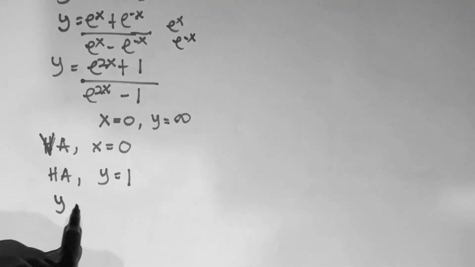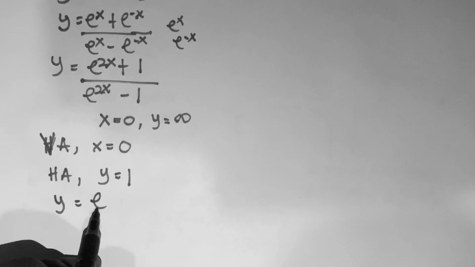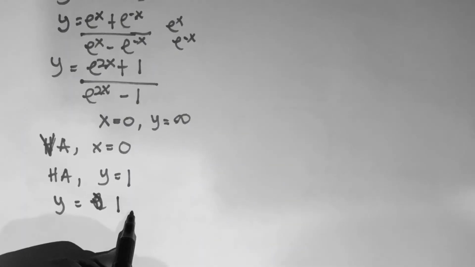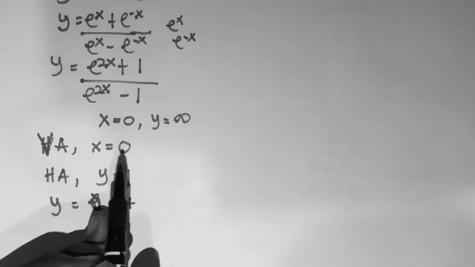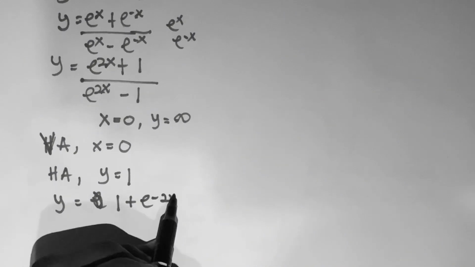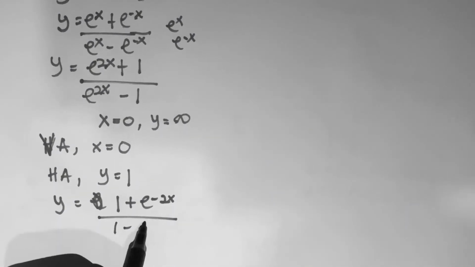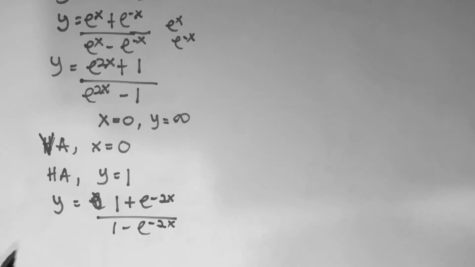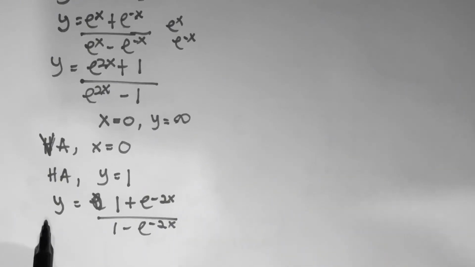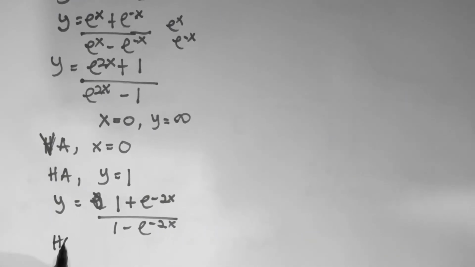So y is equal to exponent x times exponent minus x is 1, then plus exponent minus x times exponent x minus x is exponent minus 2x, divided by 1 minus exponent minus 2x. So you see that in this case too, there is a horizontal asymptote at y equals minus 1.